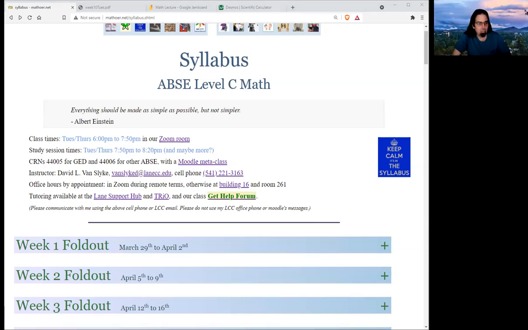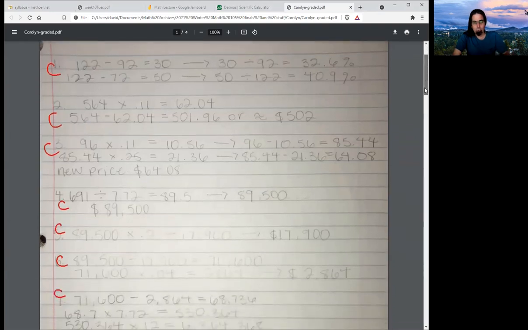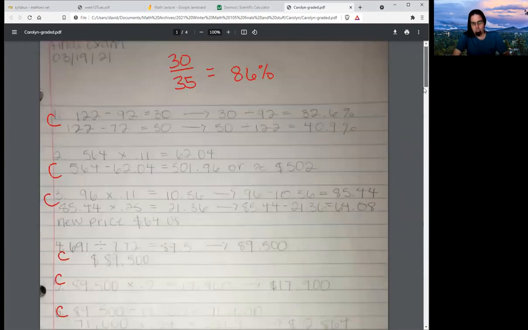So an example is, let's see, documents. So here, for example, this isn't your class, but a student just took pictures of the thing.